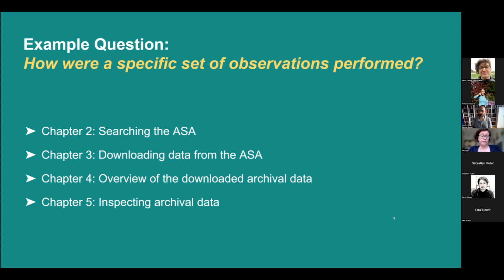And chapter 4 will explain to you the structure of your downloaded data and the files that are there. Then the most important chapter to consult here would be chapter number 5, inspecting archival data, because there is explained how you can consult the details regarding the observation, the weather condition, and the calibration that was done, specifically also the web logs, the QA0 and QA2 reports.